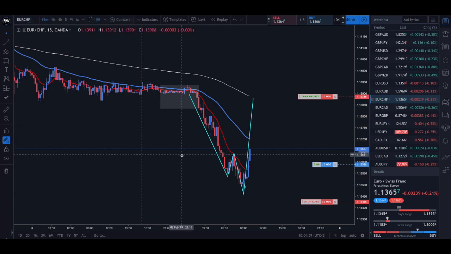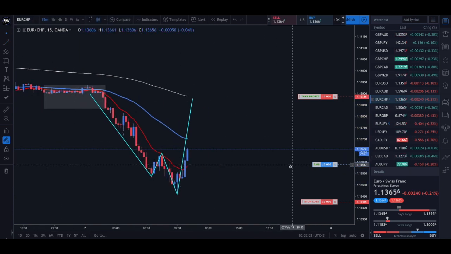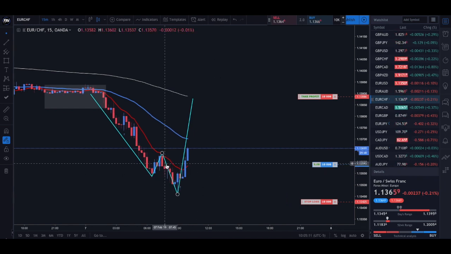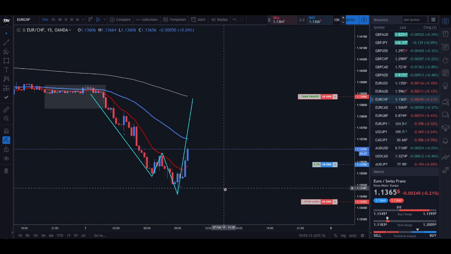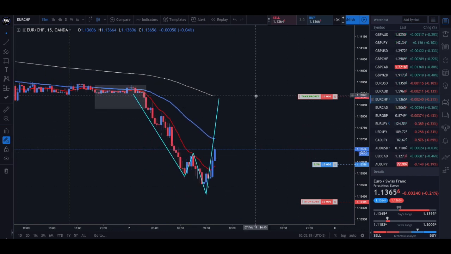On this one, I ended up getting in a little bit too late actually, because I was waiting for this to clear the 13 EMA, which is why I got in there. But that's that particular trade working right now, and the target is the 200 EMA. So we'll see how that works out.